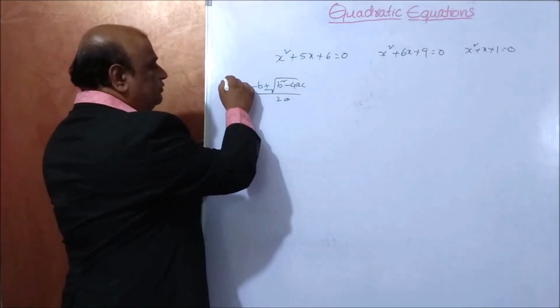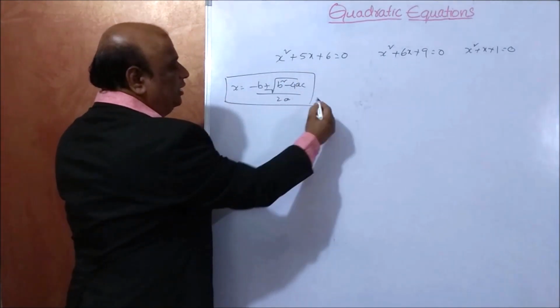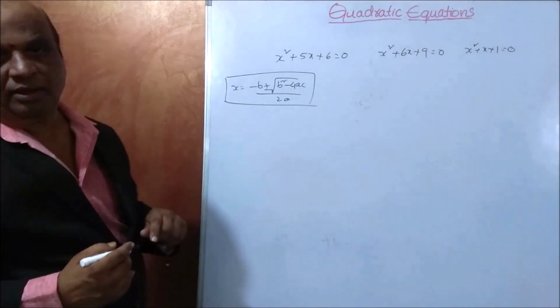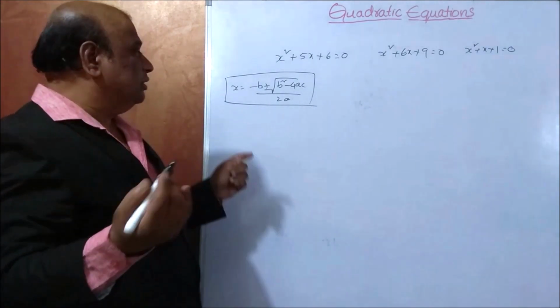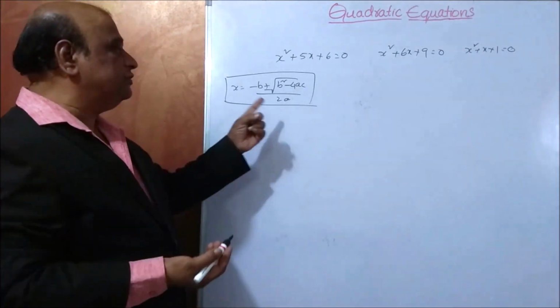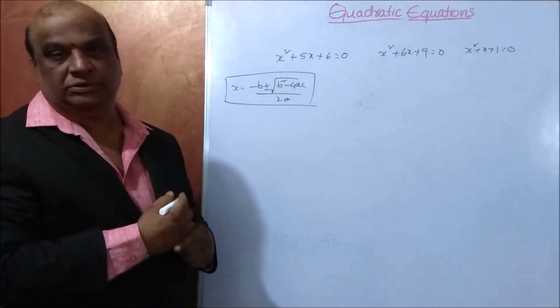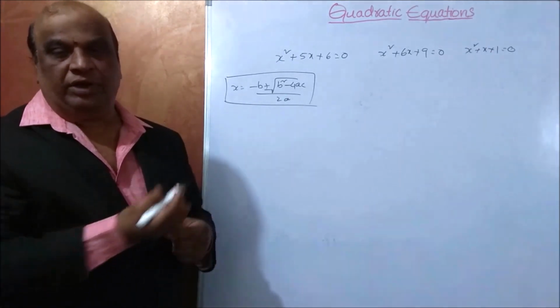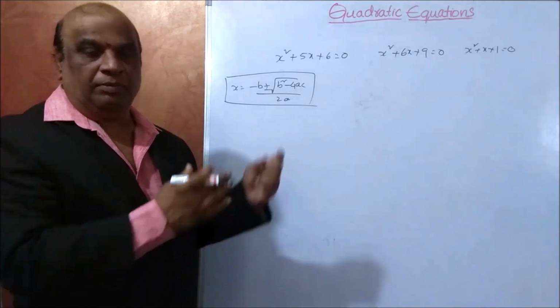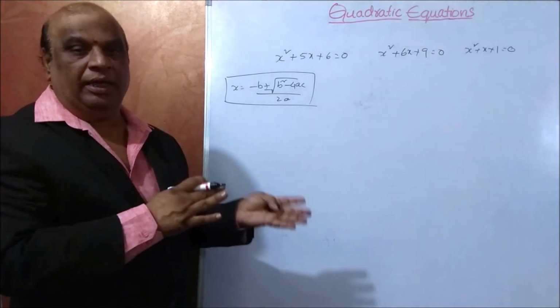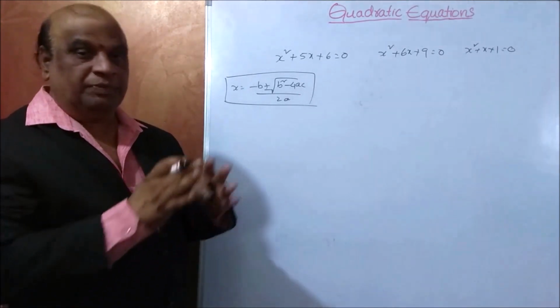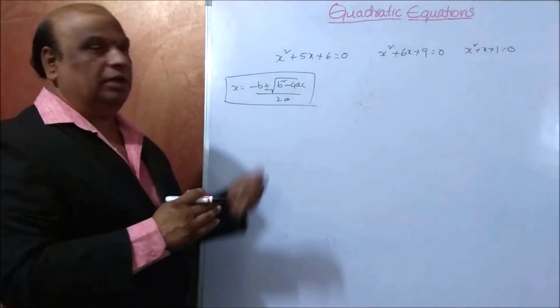We discussed where we are using this formula. In some cases we compulsorily have to use this formula to find the roots. In the previous video we discussed the formulas a plus b whole square and a minus b whole square, splitting the middle term, and this formula.